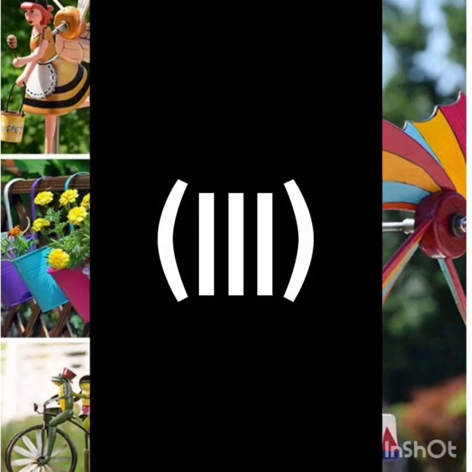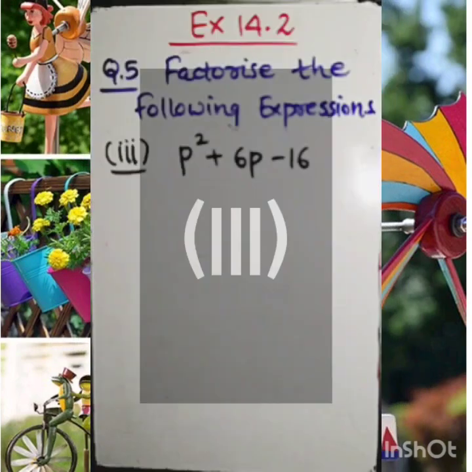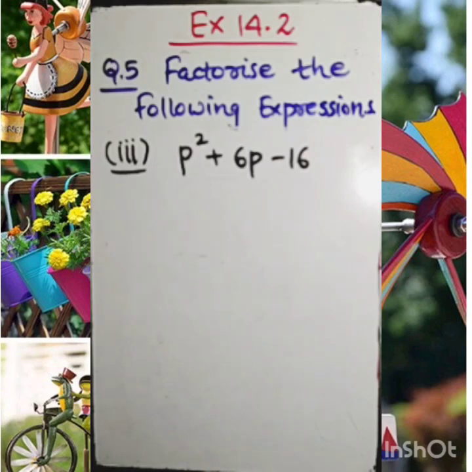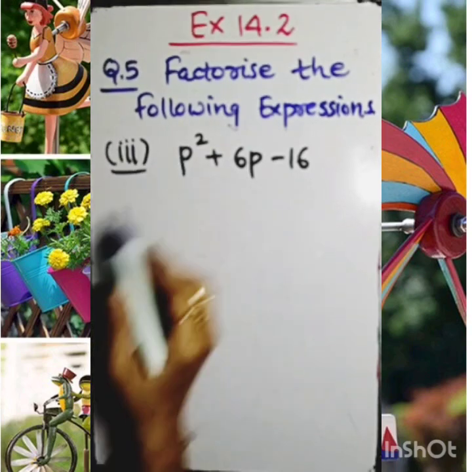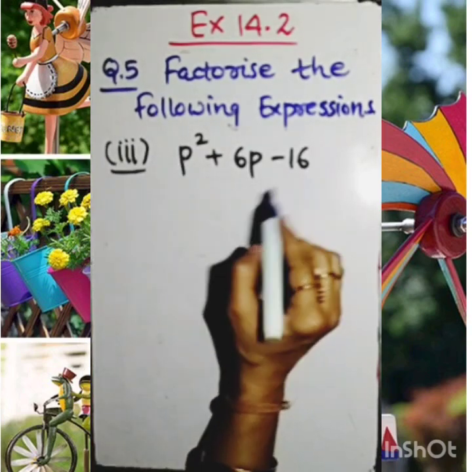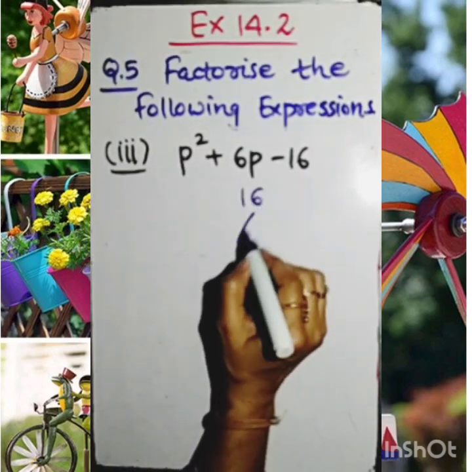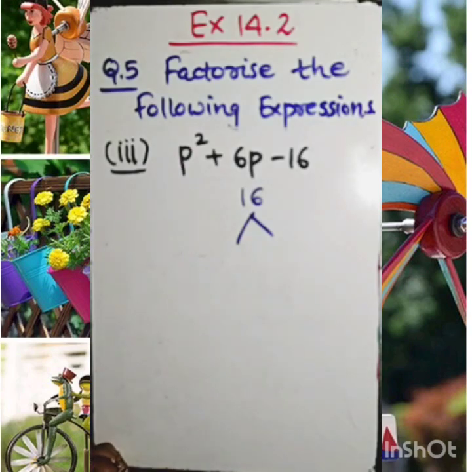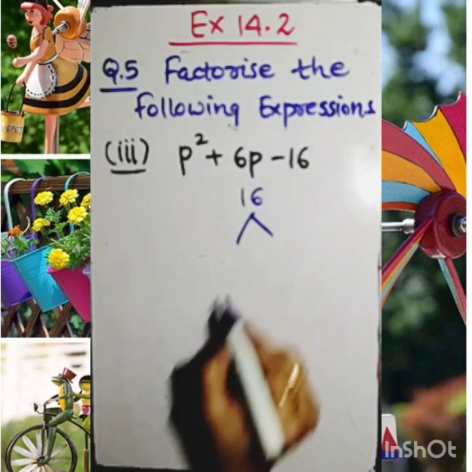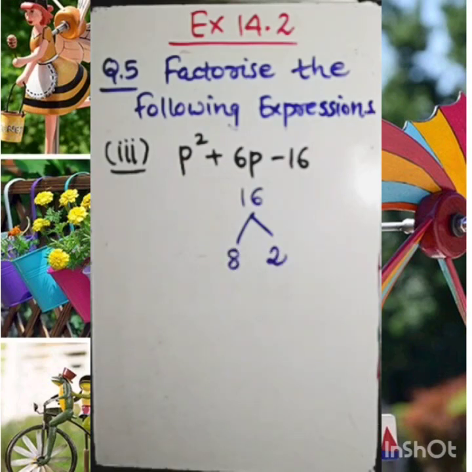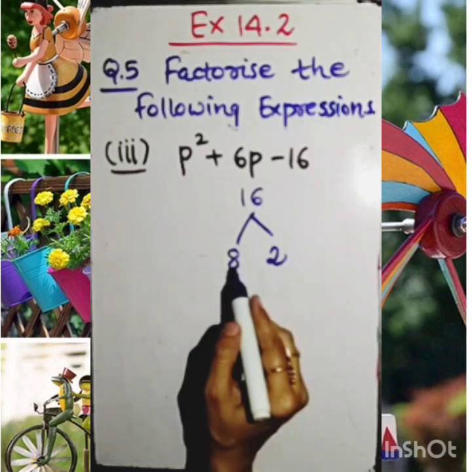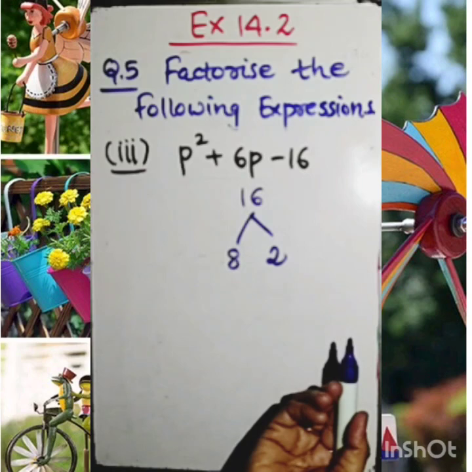So my dear student, the third expression we are given is p square plus 6p minus 16. These three terms are there along with the variable p. So let me take the factors of 16, such factors that their sum, addition or subtraction, should be 6. So dear student, two factors I know, that is 8 times 2 is 16. Fine. The sum of both of these, if I add 8 plus 2, is 10, not possible.